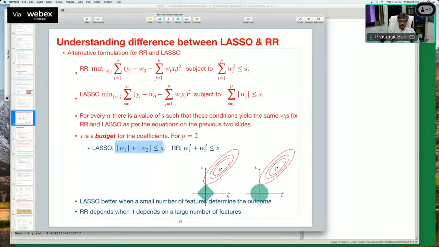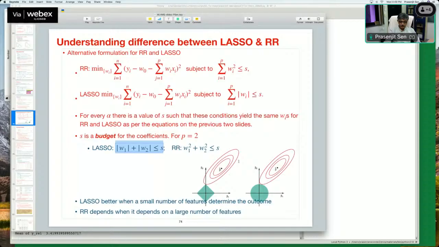If S is very large, then this shaded area would be very large, and this point beta would be within the shaded region, and that basically would be your solution, because then you are allowed to have those values of W. But as S becomes smaller and smaller, the same beta cannot be the solution for the lasso problem, because this point is now outside the shaded region.